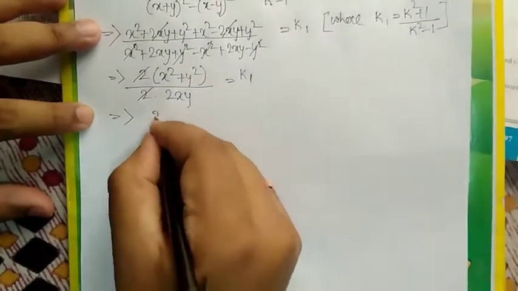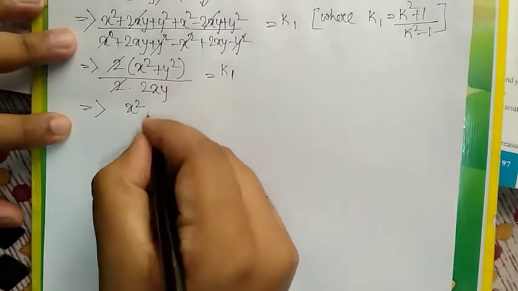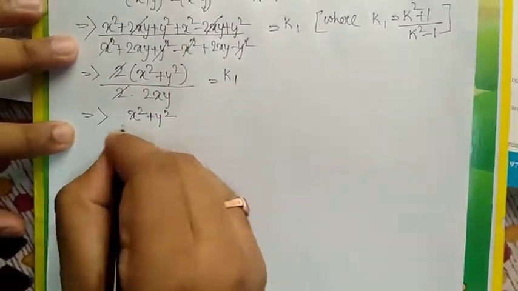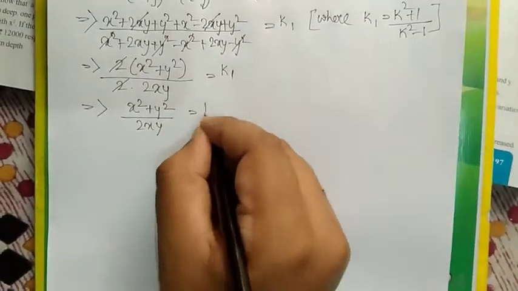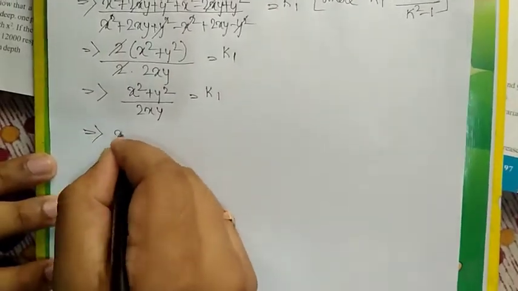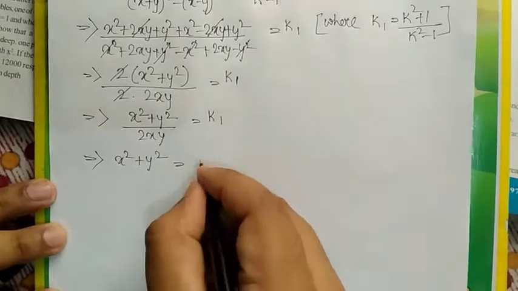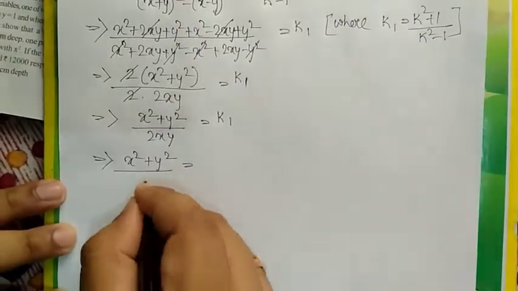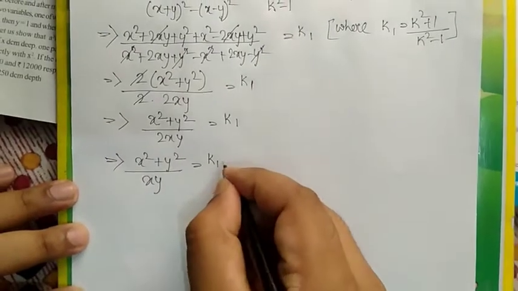So after that we can write x square plus y square by 2xy equal to k1, and after that we can write x square plus y square by xy equal to k1 into 2.